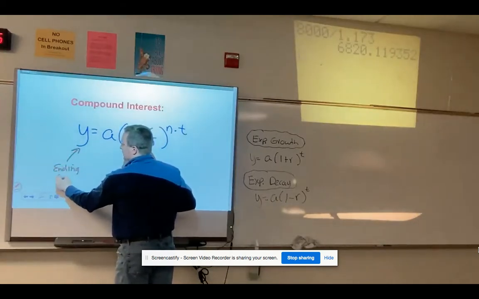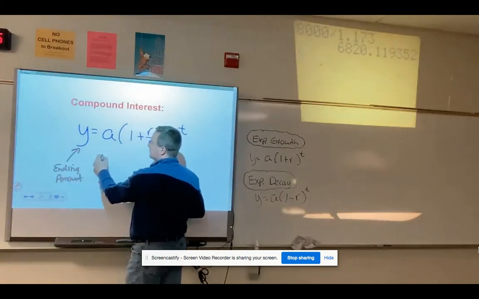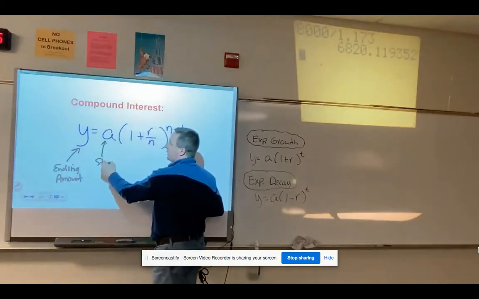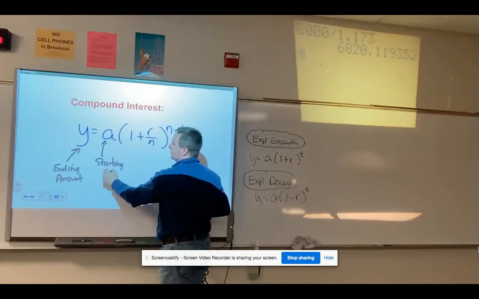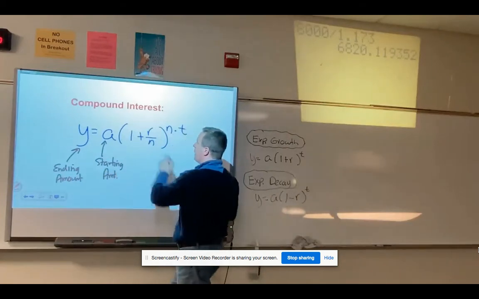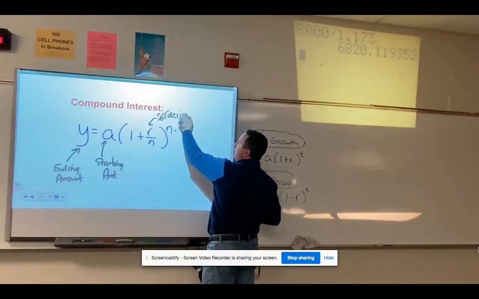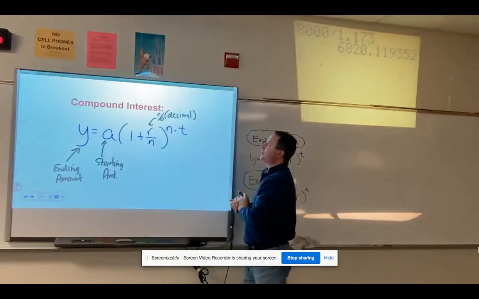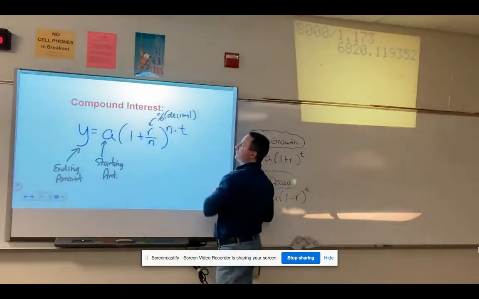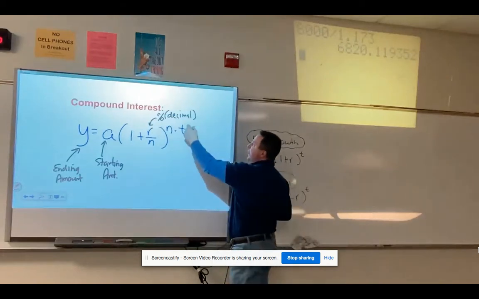This is the ending amount. A is your starting amount again. R is your percent, and don't forget, it has to be changed into a decimal. T is time.